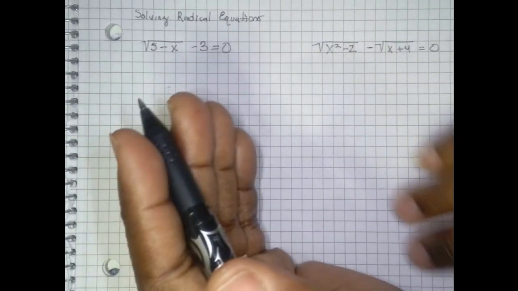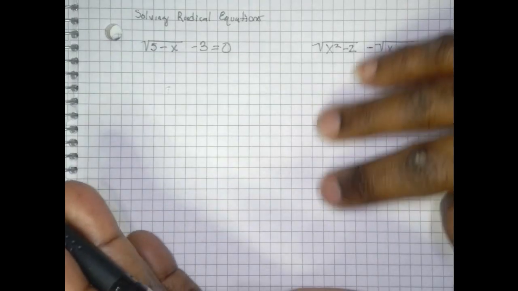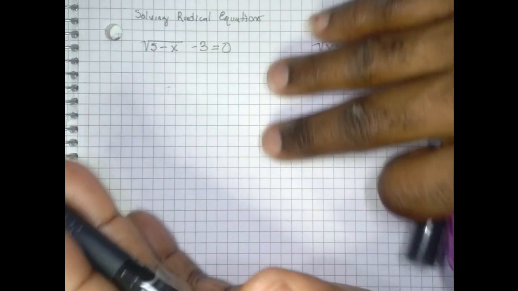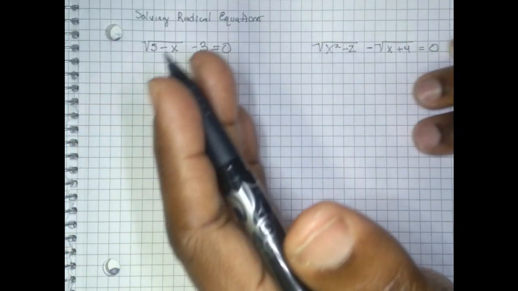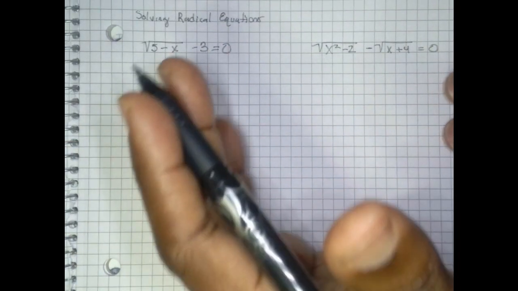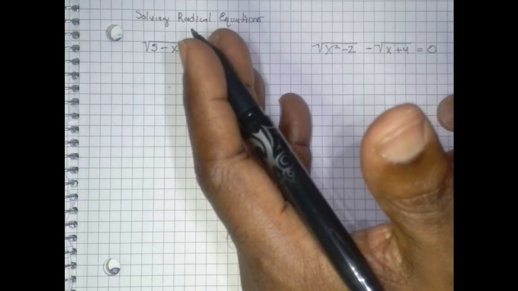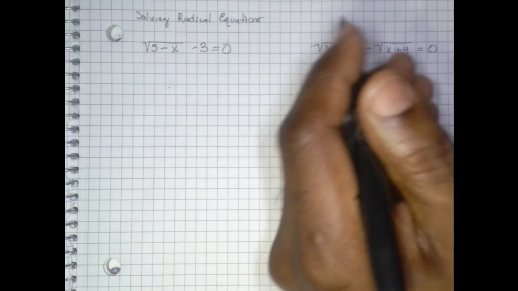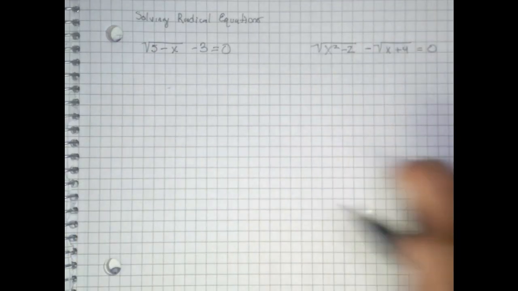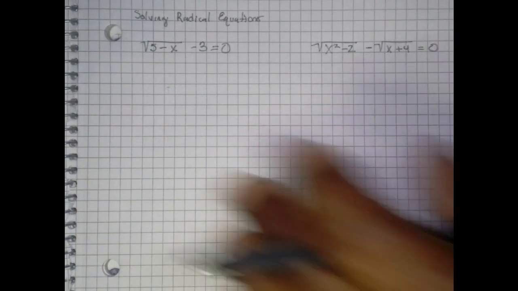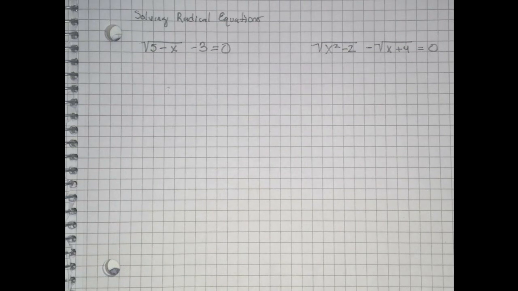So there are steps we're going to use to solve radical equations that contain one radical, and steps we'll use to solve equations that contain two radicals. Now, when there's two radicals, there is also another step we have to add. But for right now, we're going to start here. All right, let's get some steps down.